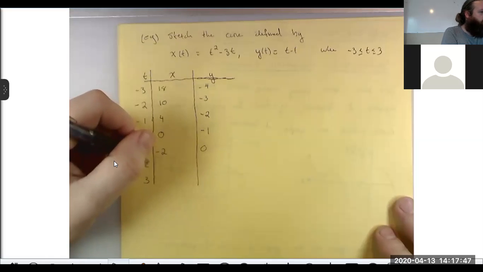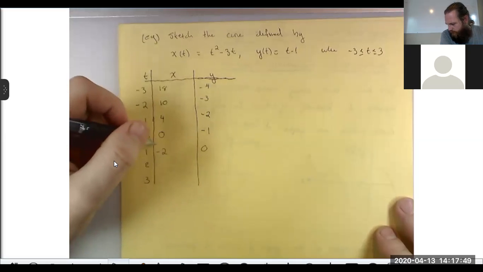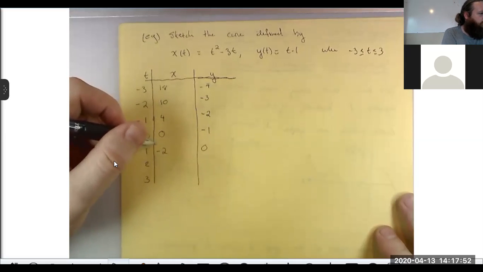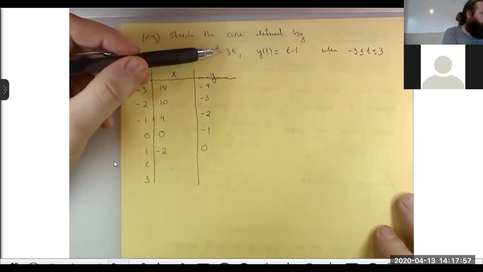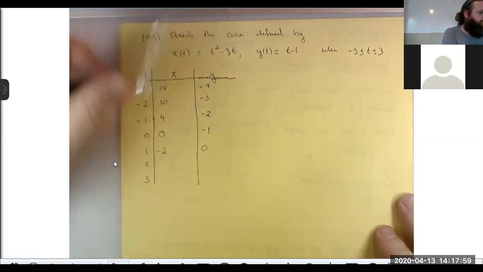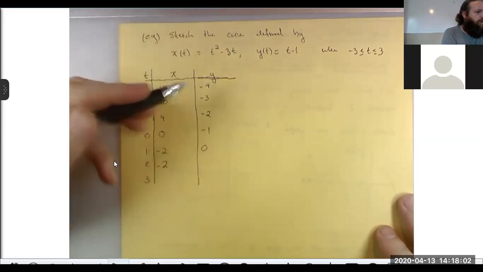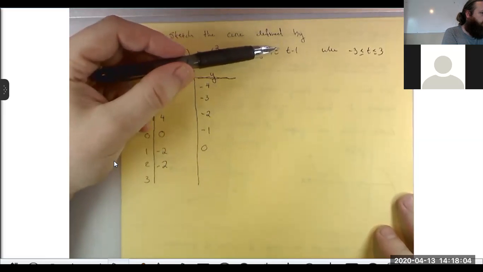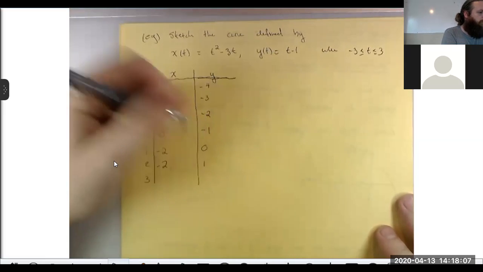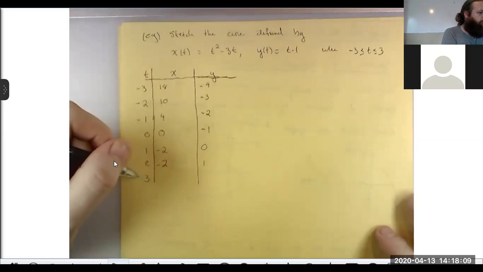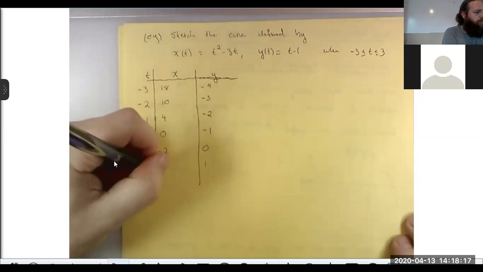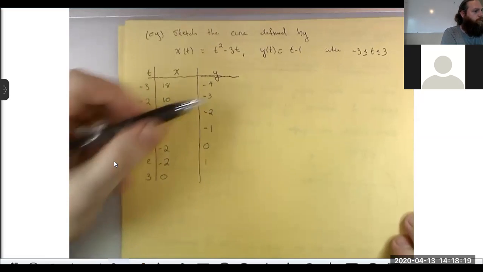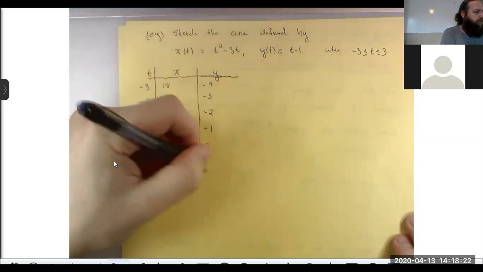Thank you, sorry. My brain just farted here because I'm surprised to see this x value showing up twice in a row. So 4 minus 3 times 2 is 4 minus 6, which is -2. We'll see what happens. And then y is 2 minus 1, which is 1. And when t is equal to 3, we'll have t squared, 9, minus 3 times 3. That's going to be 0, isn't it? Yeah, okay. And y is 3 minus 1, which is 2.